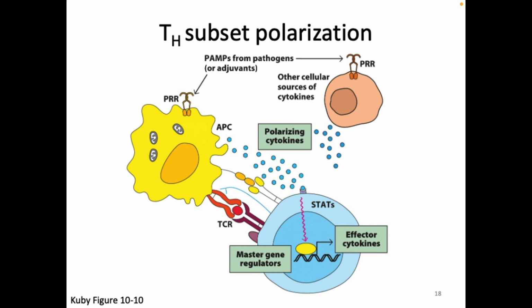How will that cell know which direction it should push its T cells in? Yeah, Brenna. Okay, what else might be going on when it obtains that peptide? Yeah, Brian.